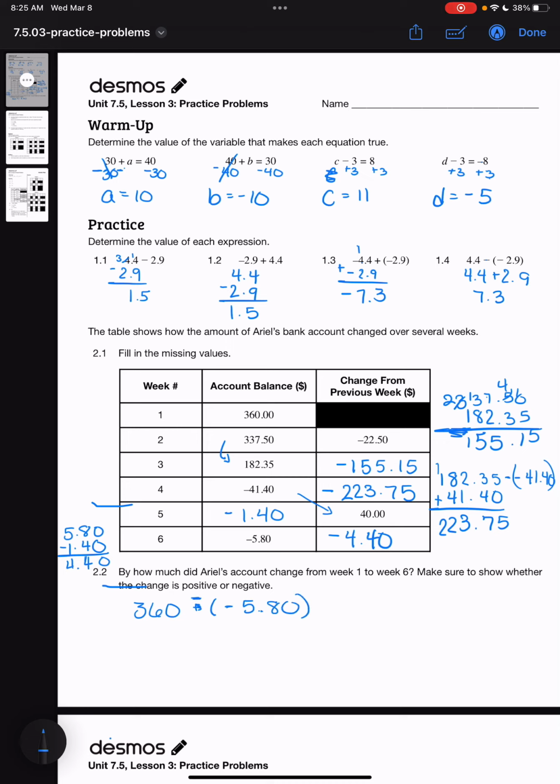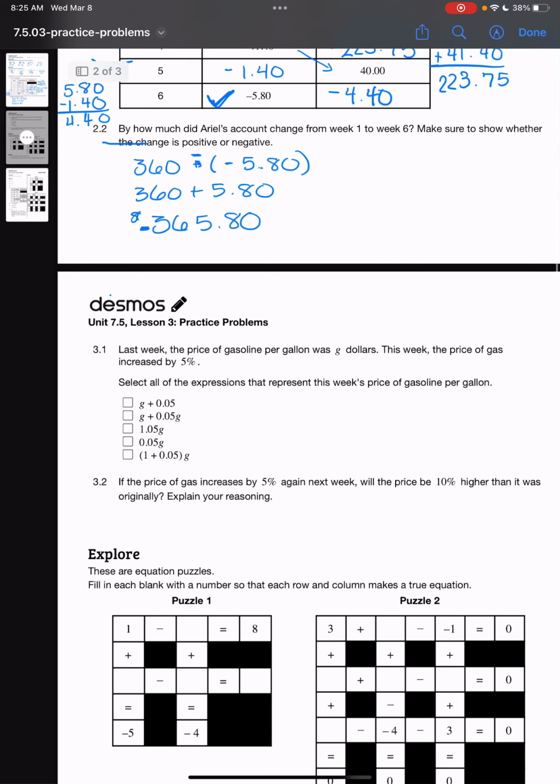So I want to find the difference of the two, which means I'm going to end up adding these, which would give me $365.80. But since my amount in my account went from a positive $360 to a negative $5.80, it is a negative $365.80. Let's go to the next one.